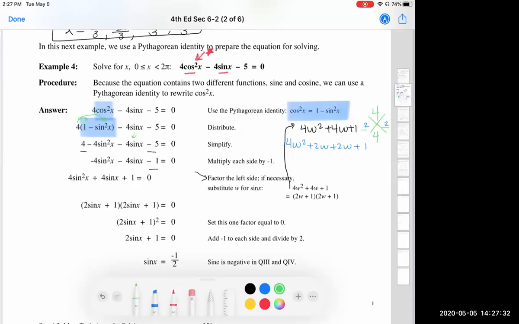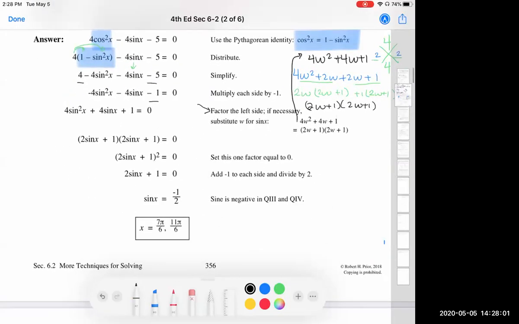Then you can factor your first two terms and your last two terms. Your first two terms have a 2w in common, so we're left with 2w plus 1. Our last two do not have anything in common, so I can write a plus 1 placeholder. So I have 2w plus 1 and 2w plus 1. We get the same thing twice.